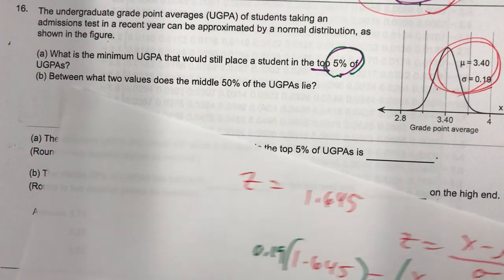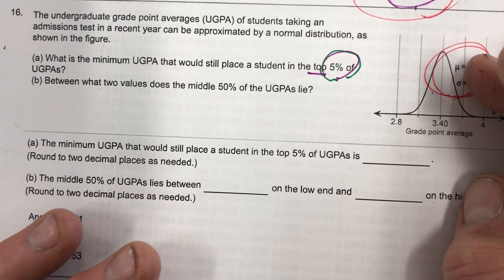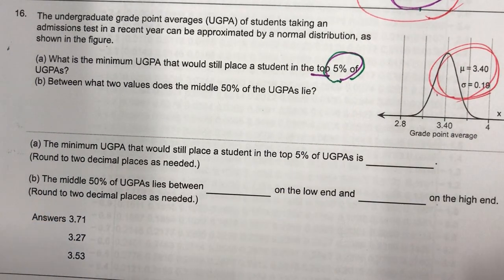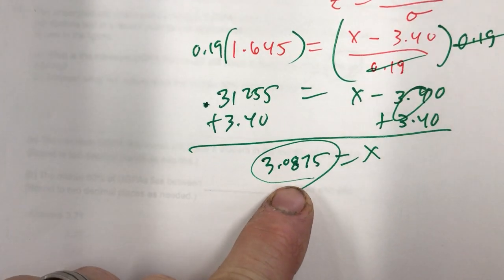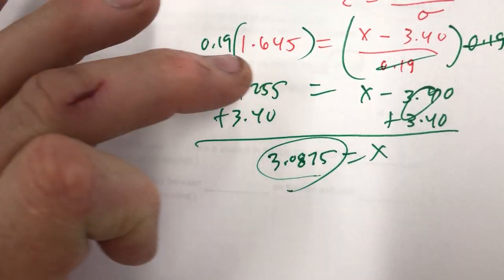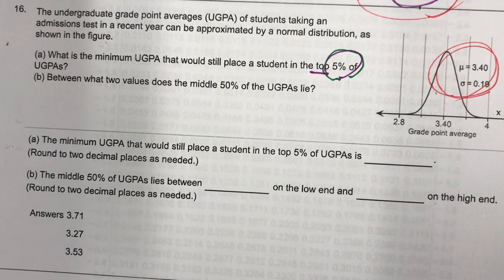So what this means is this GPA right here would put this person in the 95th percentile. So you have to make that GPA 3.71.